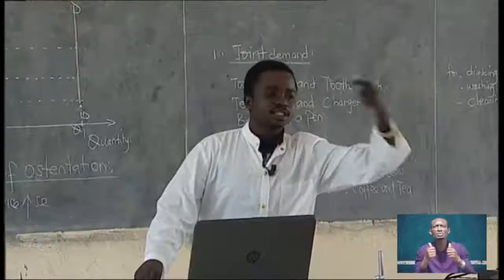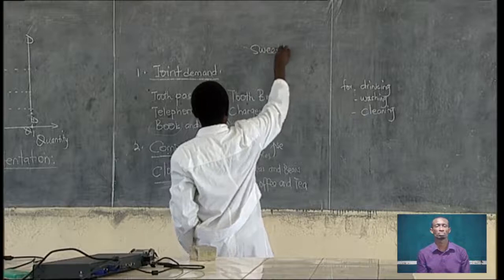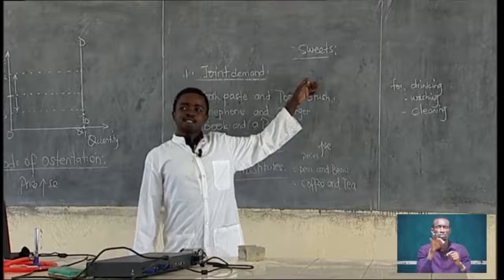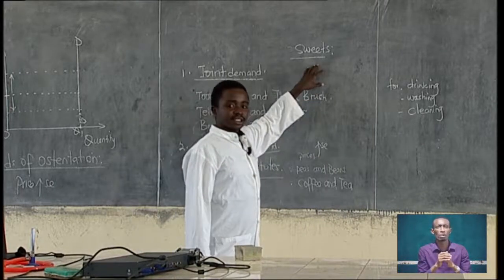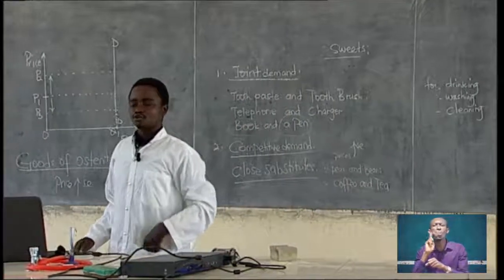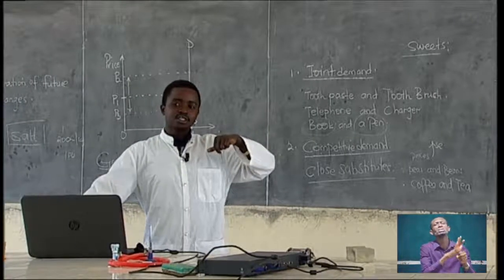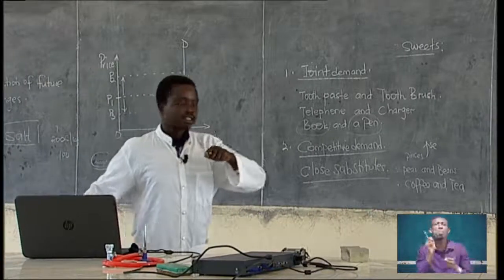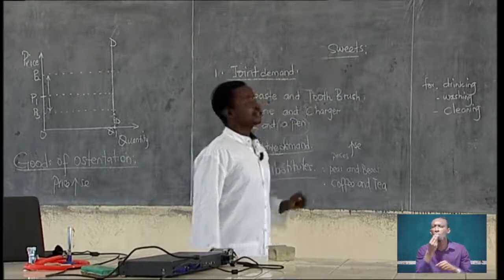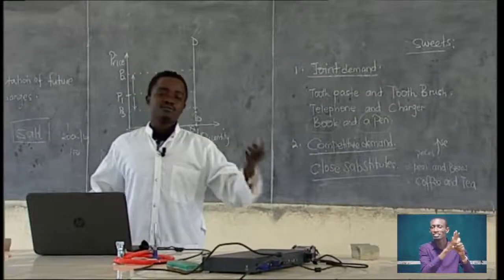If we use sugar in the production of sweets, and there has been an increase in demand for sweets, that means manufacturers will demand more sugar, so the demand for sugar will increase because it will be used in the production of these sweets.